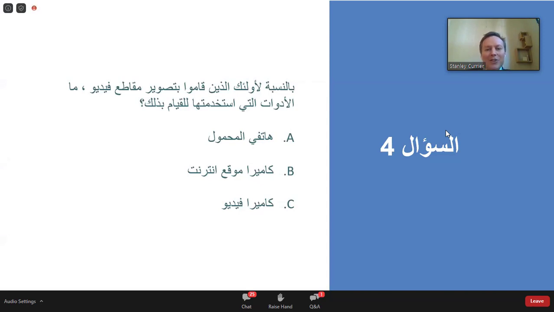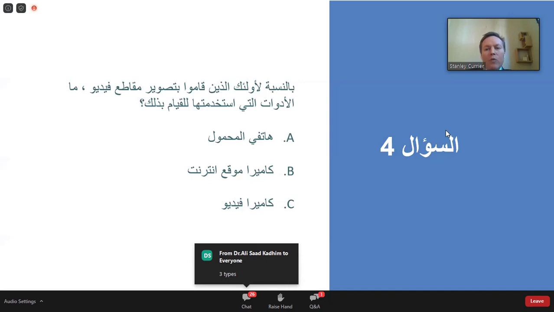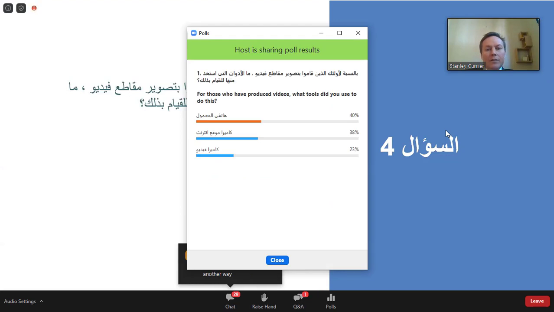I see from the chat that some people have used more than one of these. Some colleagues in the chat box are giving us information about using more than one tool or other tools. Okay, and that webcam and screen capture are also parts. Of course, cameras and websites are included.